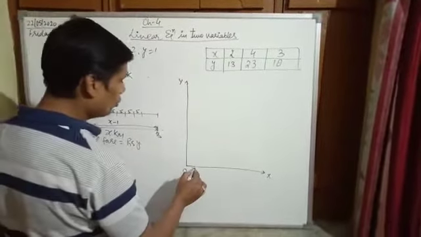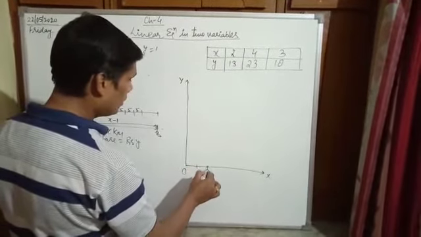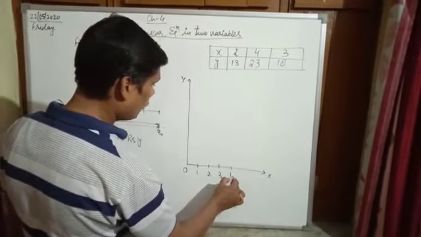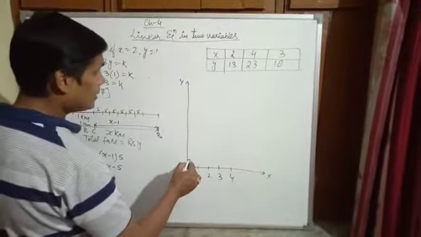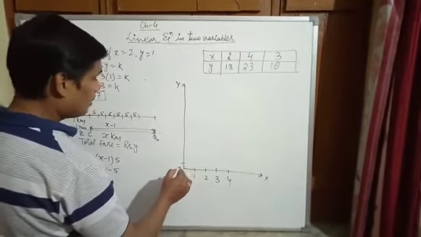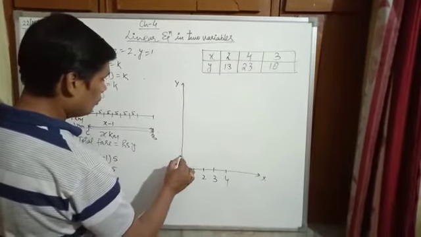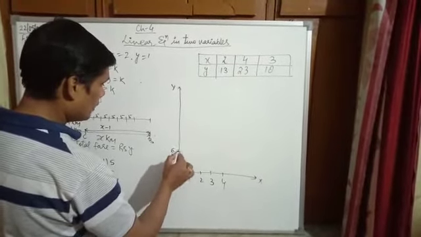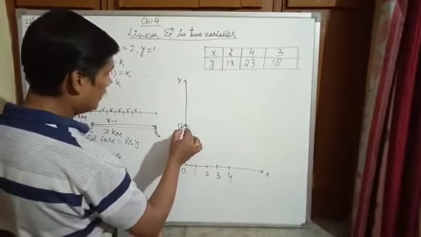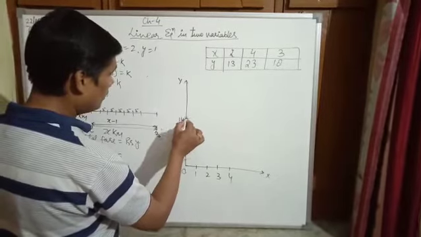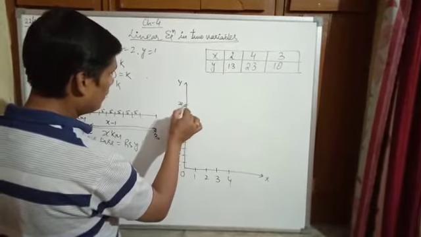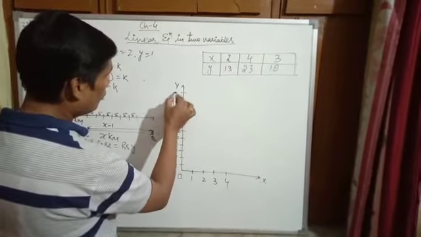Suppose this is 1, this is 2, this is 3, this is 4. And on this axis I have taken 2, 4, 6, 8, 10, 12, 14, 16, 18, 20, 22, 24.